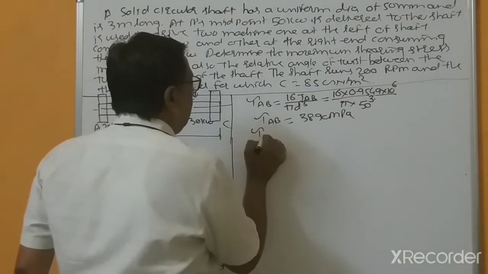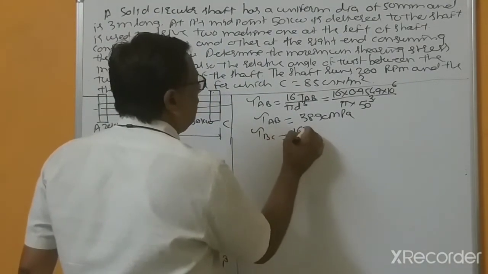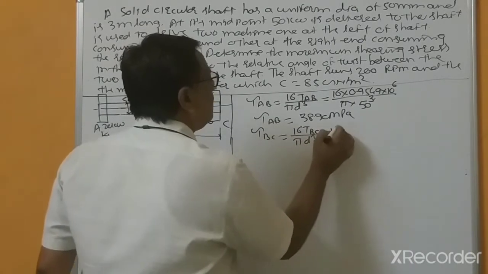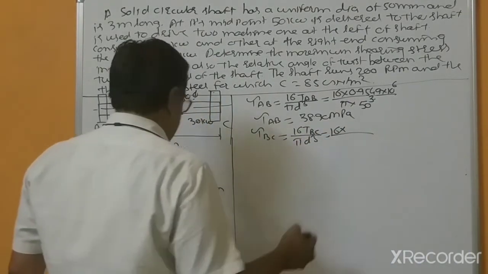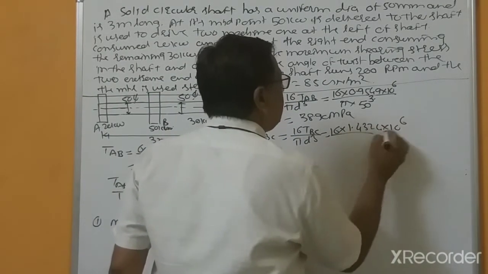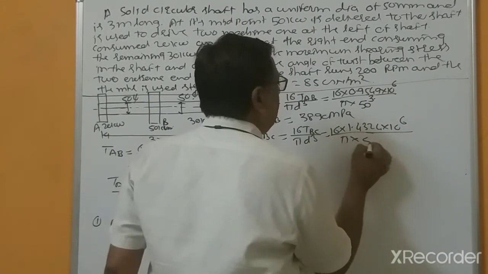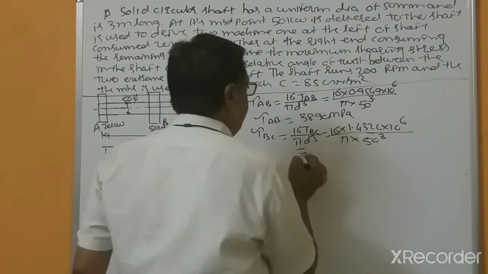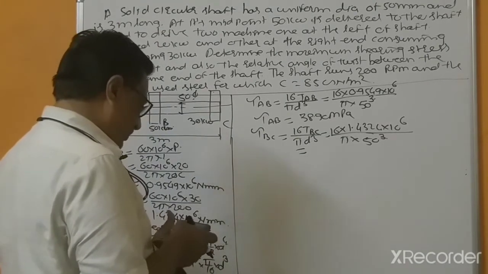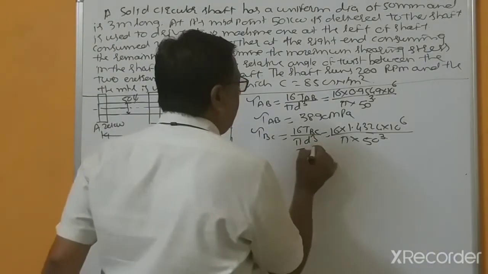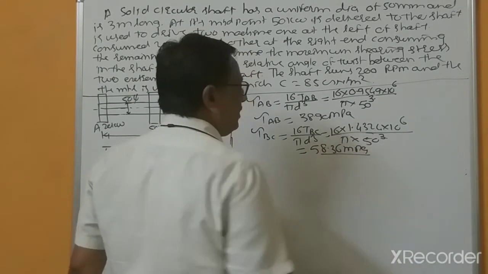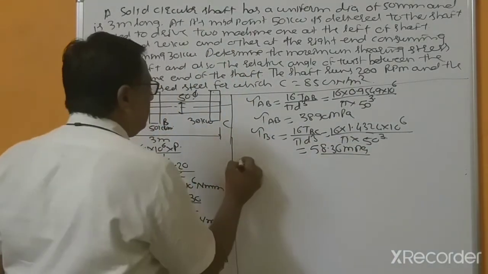Similarly, for BC, tau equals 16 T BC divided by pi d cube, which is 1.4324 into 10 to the power 6 divided by pi into 50 cube. If we multiply it by 1.5, you will get 58.36 megapascal.